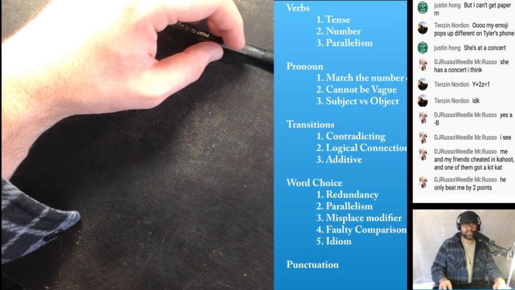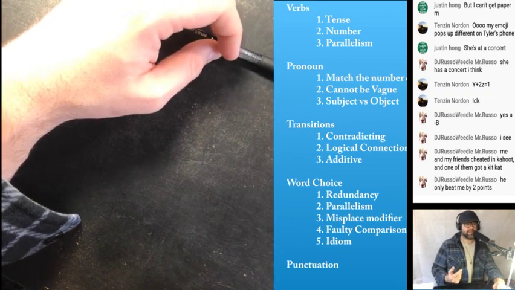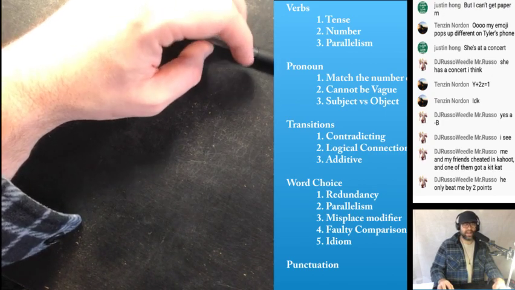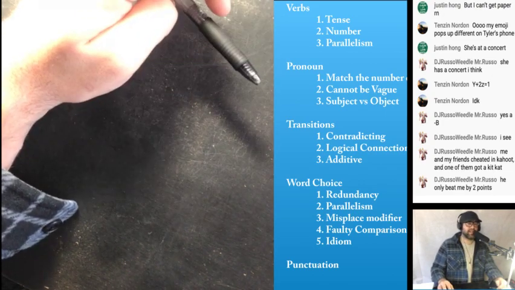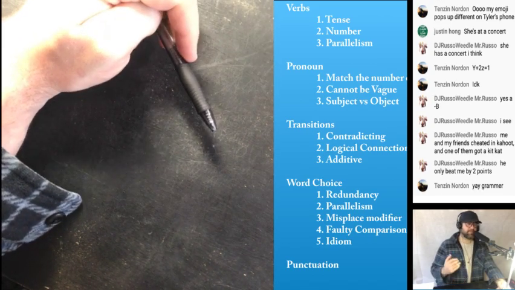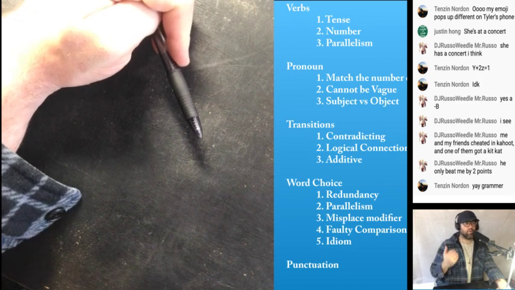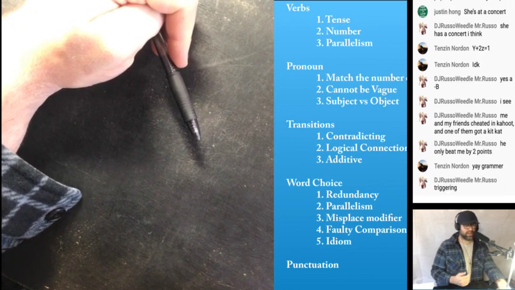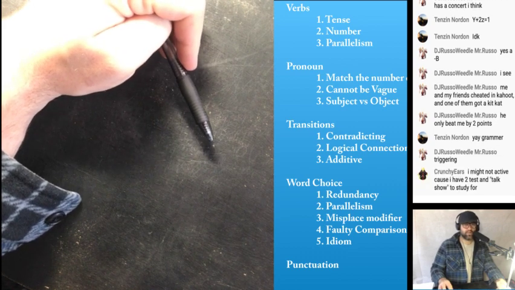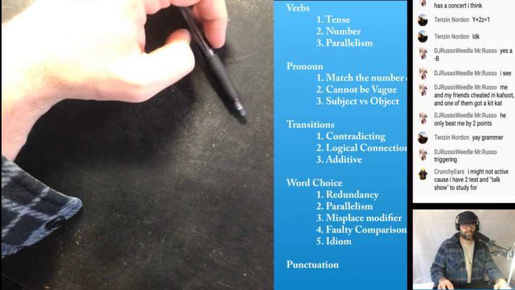This is the list for 40% of the questions that are on the grammar section. And I want to go through each of these kind of quickly, but it's extremely important that you are able to identify which problem you're talking about when you see a question on the grammar section.